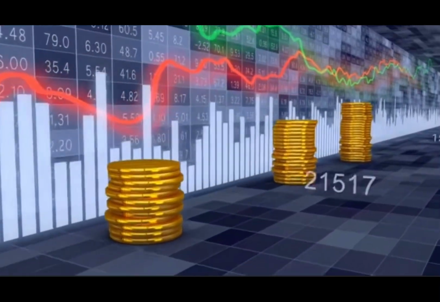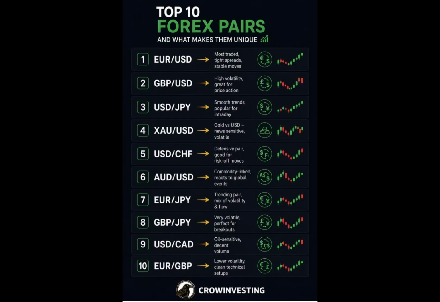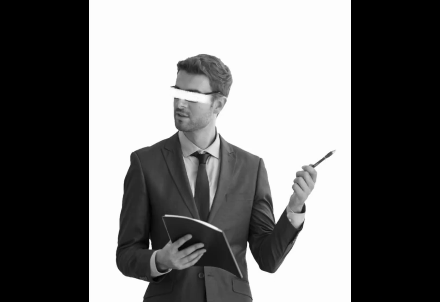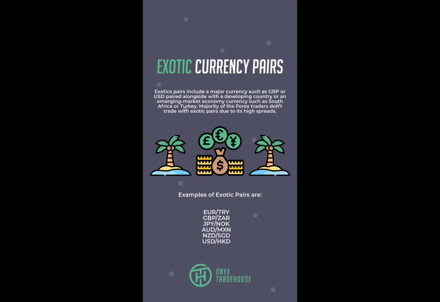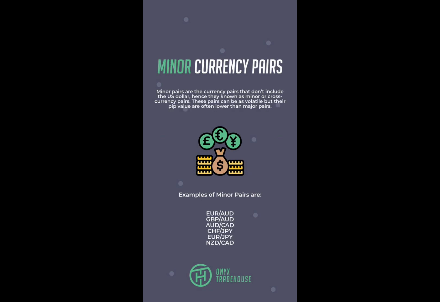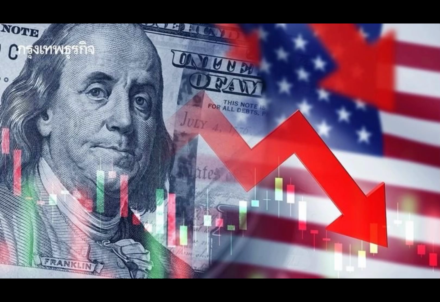Now let's talk about the different types of currency pairs. First, we have the major pairs. These are some of the commonly traded pairs that you already know. For example, Euro/USD, GBP/USD, USD/JPY, and a few others. So you are going to hear these pairs a lot. Then we have the minor pairs and the exotic pairs. What are the minor pairs? The minor pairs are the pairs that contain major currencies, but they don't contain the US dollar.